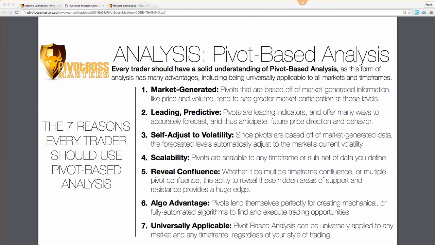And as you know, and we'll see, especially with regards to Pivot Boss pivots, not only are we able to create pivots based off of the previous session to create pivots for the upcoming session, or the previous week for the upcoming week, or the previous month for the upcoming month, but the new wave of pivots, like the ones I created for Pivot Boss, allows you to create pivots for any user-defined aggregate period of time.